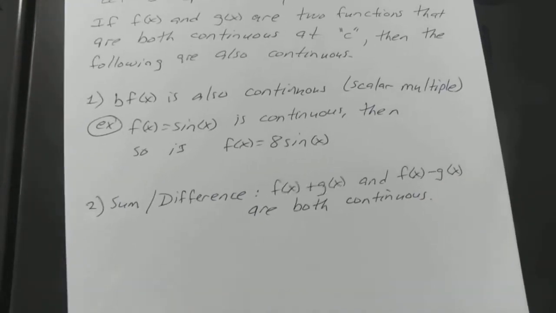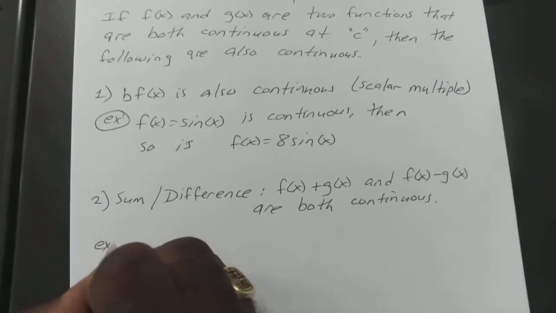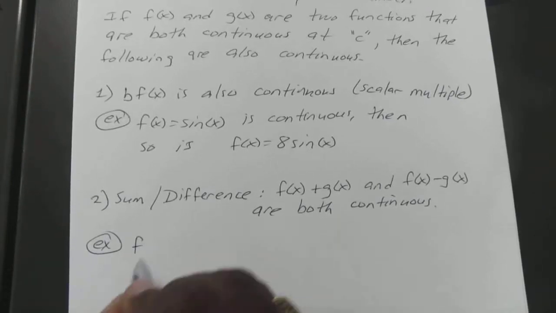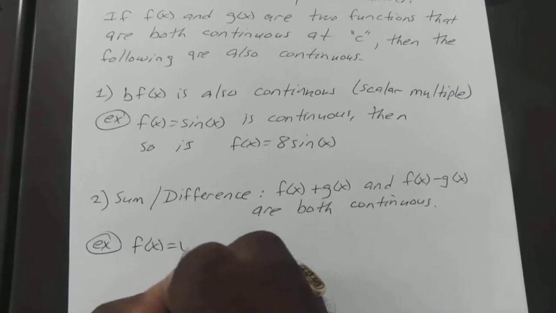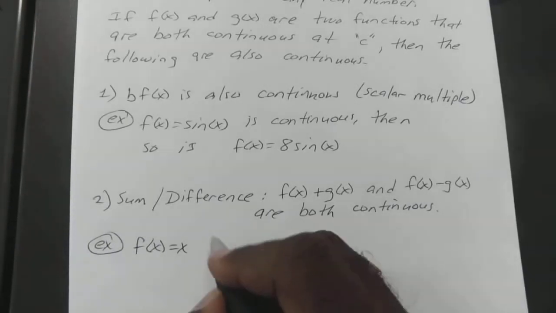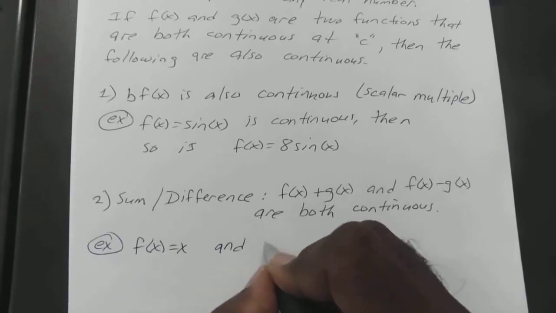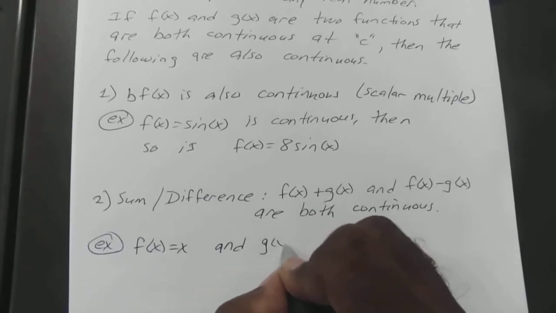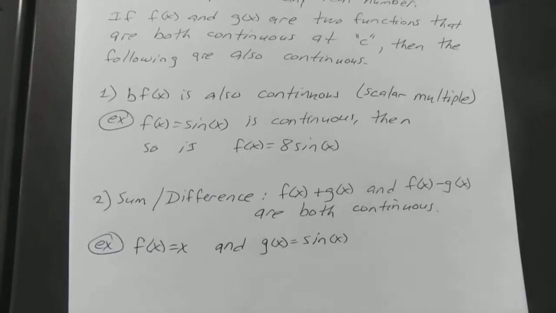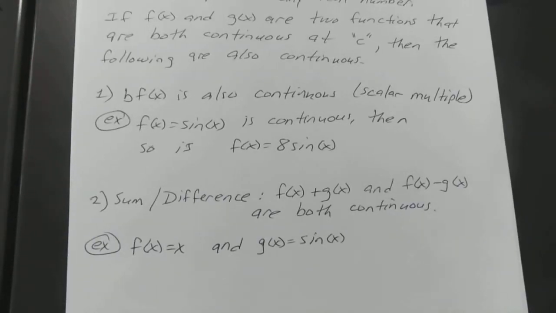Okay, so for example, let's say you have f of x equals x. We know x is just one long slanted line. It's continuous forever and ever. And let's say we have g of x equals sine of x. We know sine of x is continuous. You plug x in for anything and it'll be defined.